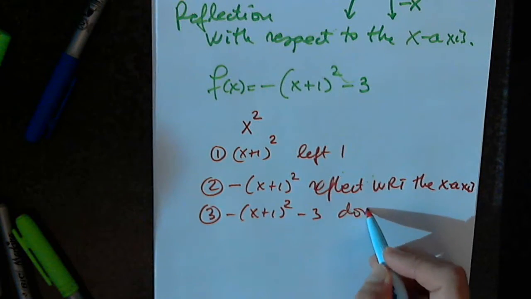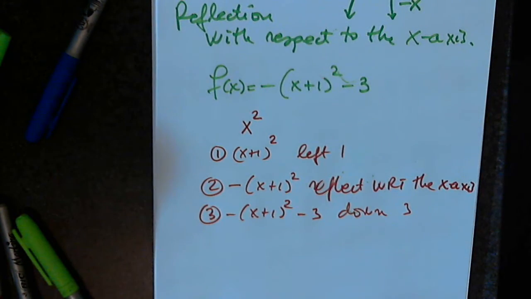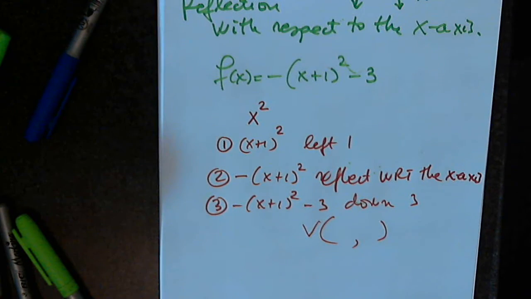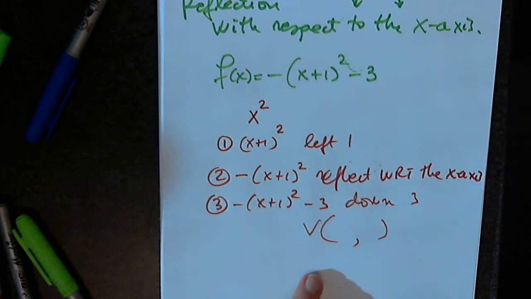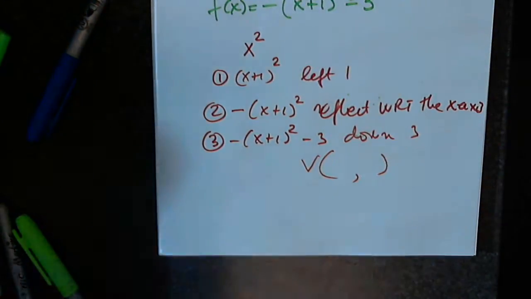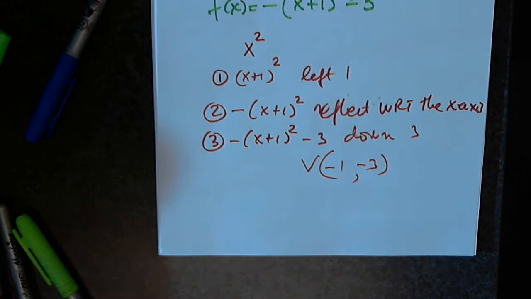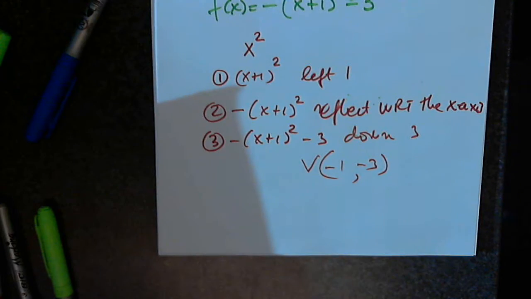So it's down 3. That's why the vertex is, that's it. I know why. It moves to the left, right? 1. Then it flips and then goes down. So that's why the vertex is negative 1, comma, negative 3. Is this better? Any questions?